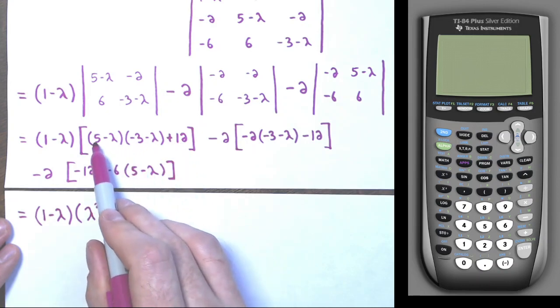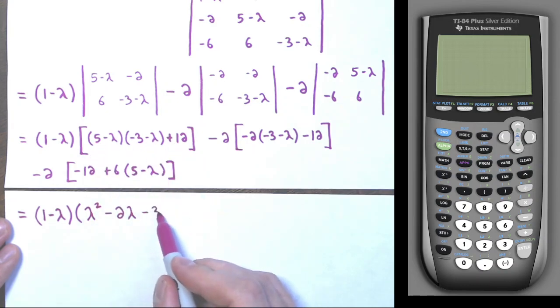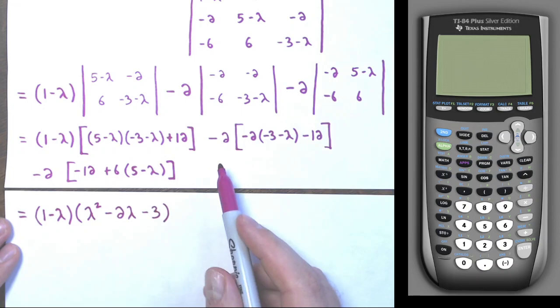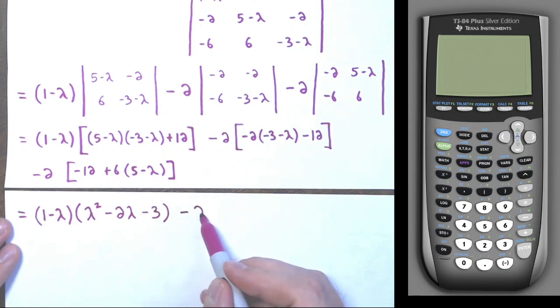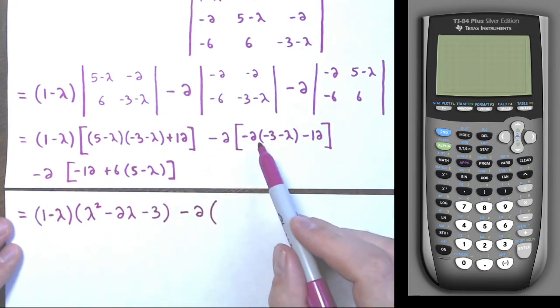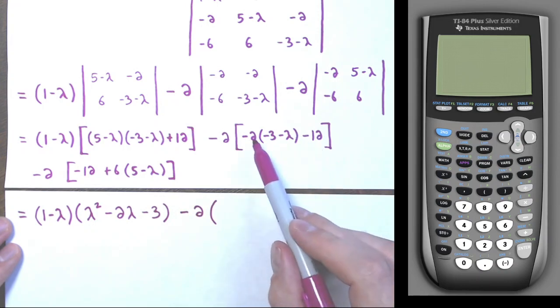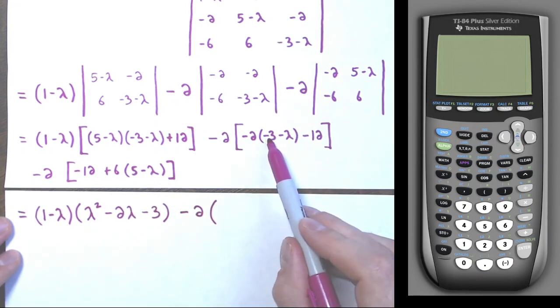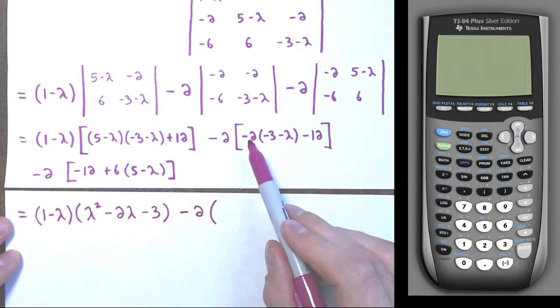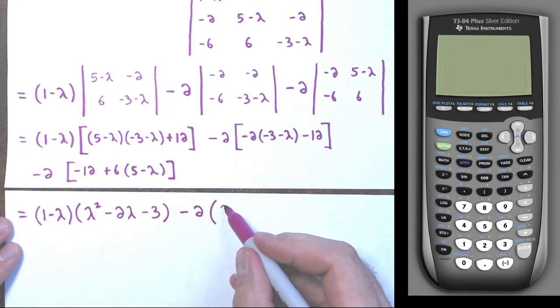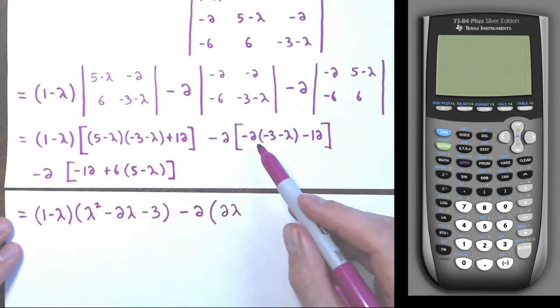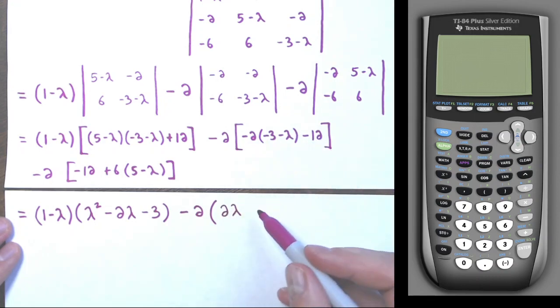So minus 15 plus 12, that's minus 3. Then here we have minus 2 times, and if I simplify what's in here, let me do the lambda first, putting things in descending order of power. Negative 2 times negative lambda will be positive 2 lambda. Then you have plus 6 minus 12, that'll be minus 6.